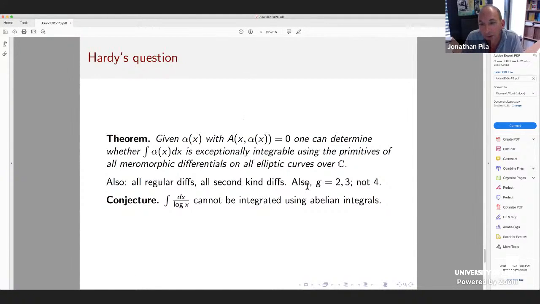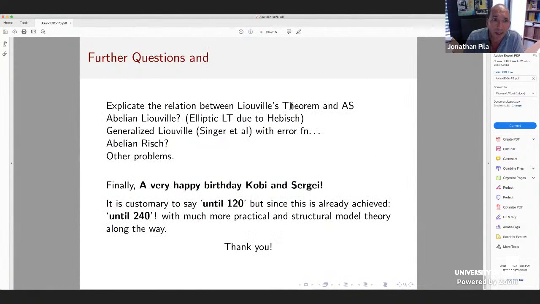And you can do this also in genus 2 and 3, but not 4, because then not all abelian varieties are Jacobians, and you get some more difficult questions coming up. And again, there seem to be some interesting questions about the relation between Liouville's theorem and the Ax-Schanuel for abelian integrals.